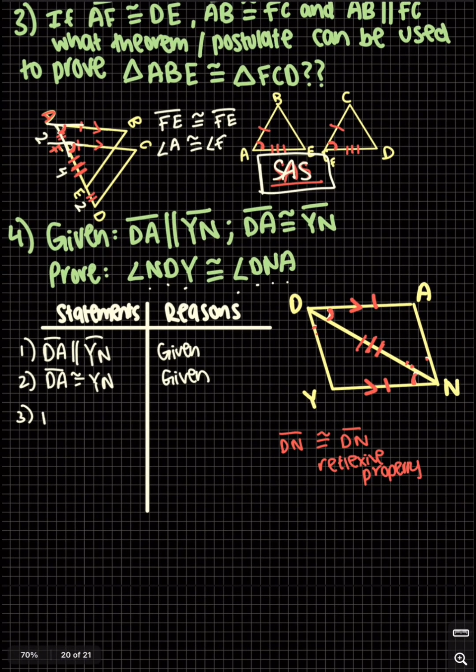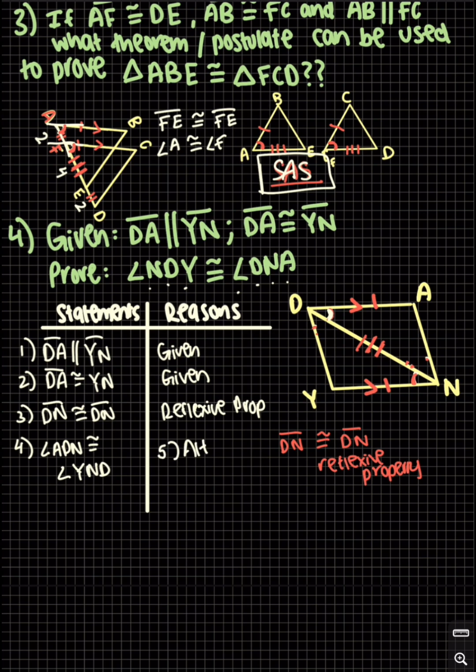I said here that DN is congruent to DN by the reflexive property. And then I just proved that this angle ADN is congruent to angle YND. And this was by the alternate interior angles theorem.